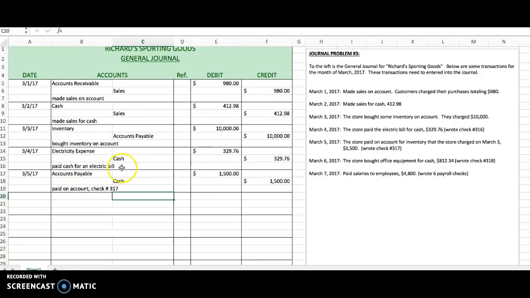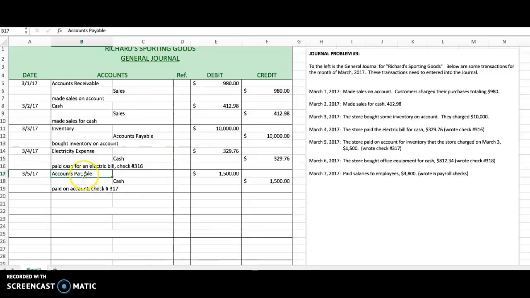Okay. Now up here we probably should have put the check numbers in as well. We paid cash for an electric bill. That was $316. So in the description, it may help to add that to it, just to clarify.